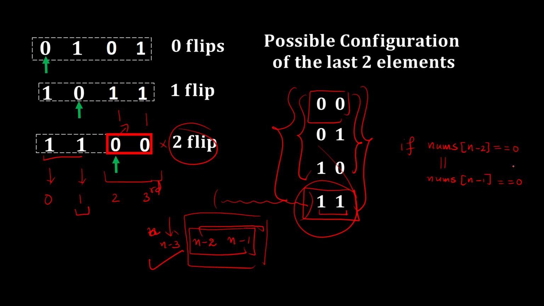If this is true, that means there is no possible configuration in which you get all ones. So that time you only have to return a -1. Else you return whatever flip count you have accumulated till now. So this is the whole idea behind that. Let's see how to code this.